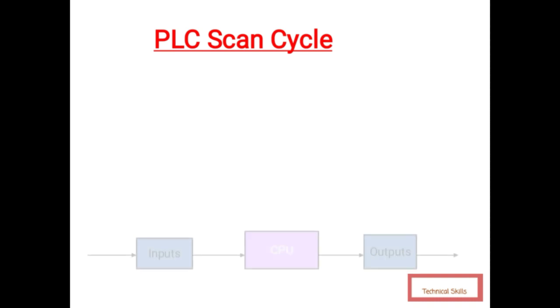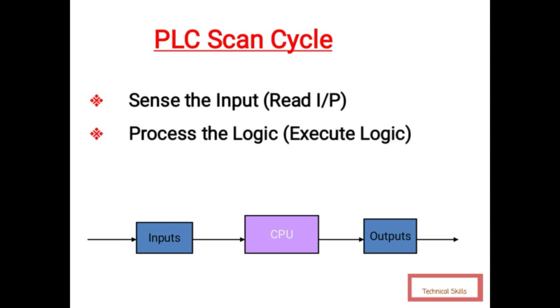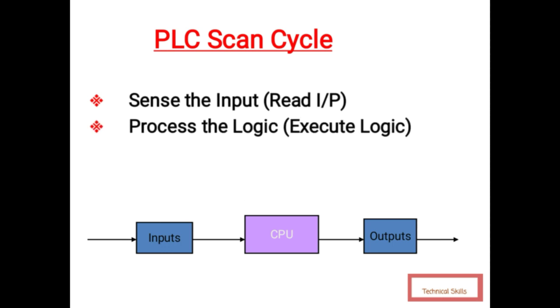Next is PLC scan cycle. So these are the 3 important blocks for scanning of a PLC program. First, the input gives the signal that is received by the CPU, means sensing the input. First point is reading the input, sensing the input. Second is processing the logic, that is done by the CPU. Third is giving the output.